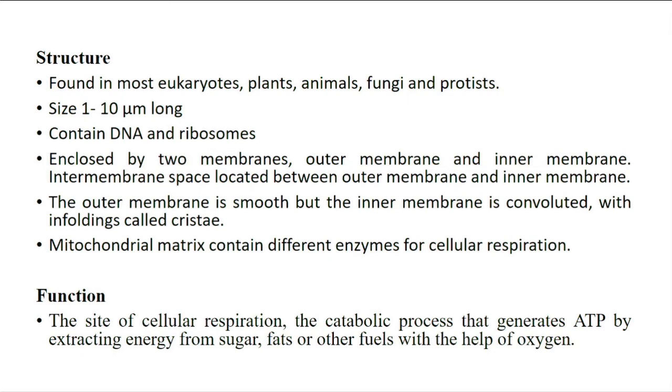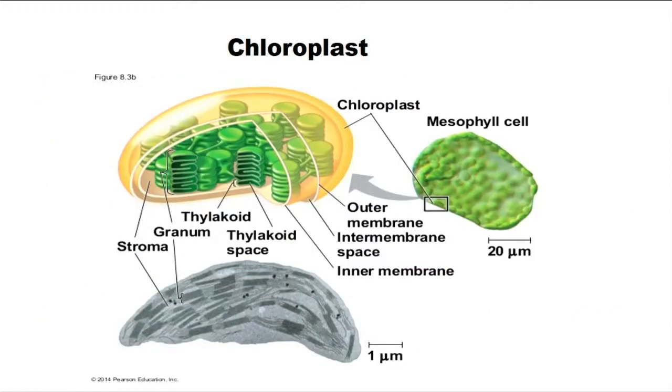Mitochondrial matrix contains different types of enzymes, and the function is for cellular respiration. Bear in mind, the main function of mitochondrion is the site for cellular respiration, the catabolic process that generates ATP for extracting energy from sugar, fats, or other fuels with the help of oxygen.